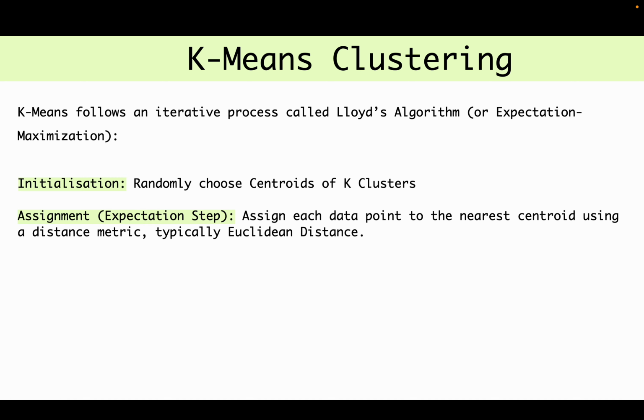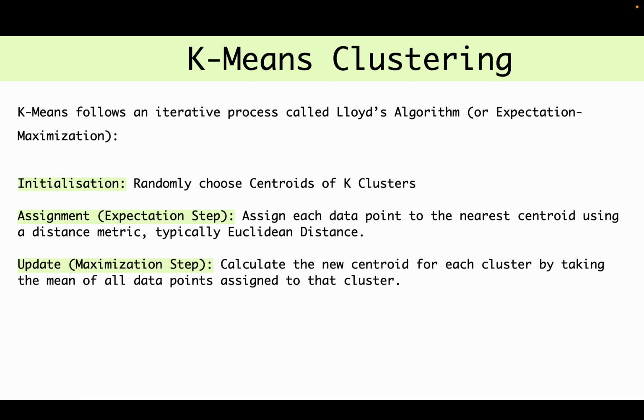In the next step, we update these centroids, because we chose the centroids randomly earlier. Now that we have data points assigned to each of these centroids in the previous assignment step, we recompute the centroids based on the data points which have been assigned to that particular centroid.